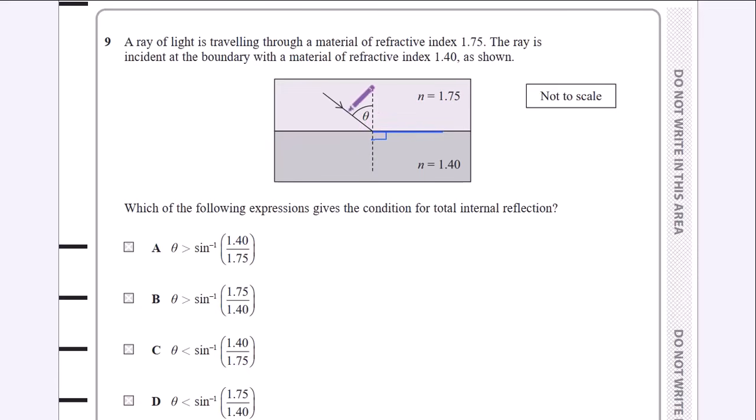Now, let's apply the equation for refractive index for two different media. So the equation is n1 sine theta 1 equals n2 sine theta 2. So n1 is 1.75 sine theta. Let's call this the critical angle, for which the angle of refraction is 90 degrees.